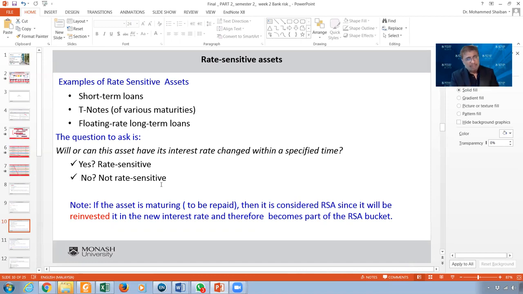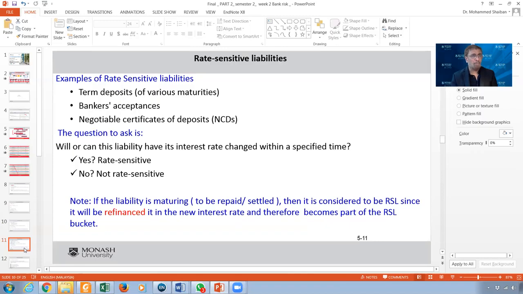When it ends, we will have a new one with a new rate. So if the asset is maturing to be repaid, then it's considered a risk-sensitive asset since it will be reinvested at the new interest rates and therefore becomes part of the risk-sensitive asset bucket.